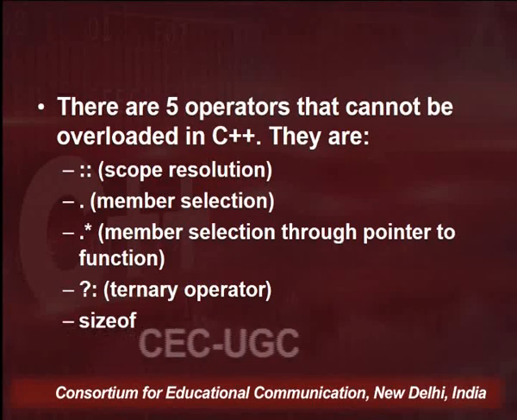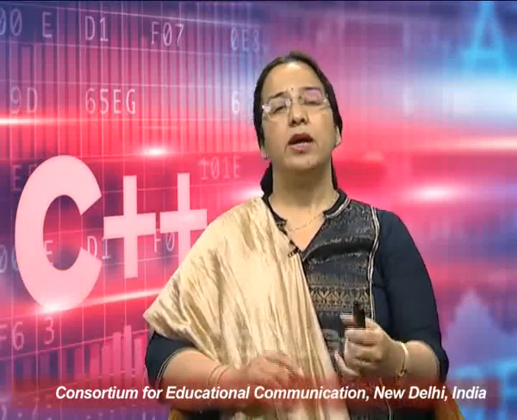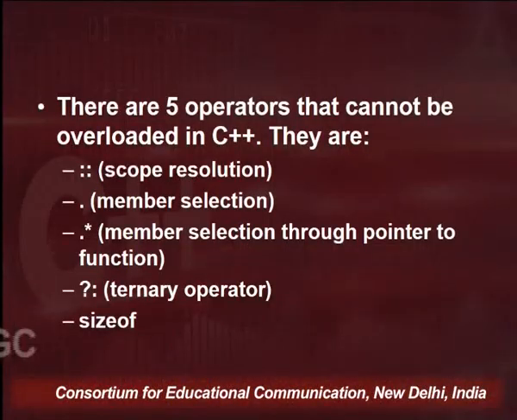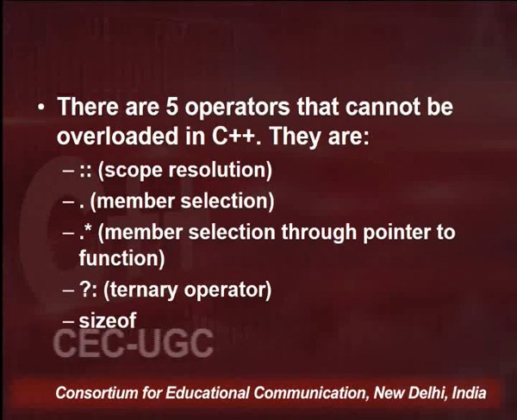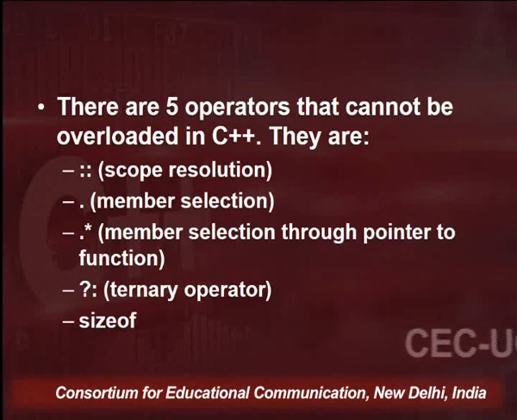Now, as I have told you earlier, the operators which can be overloaded are either unary operators or binary operators. That means the ternary operator cannot be overloaded, and not only the ternary operator, there are some other operators which cannot be overloaded. The list is the double colon, which is the scope resolution operator. Then the dot operator, which is the member selection operator.